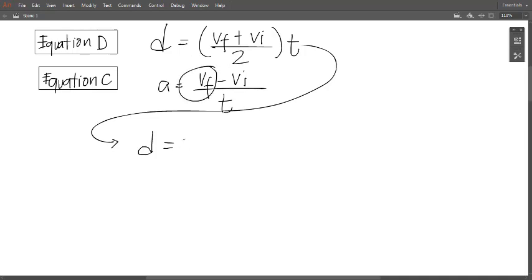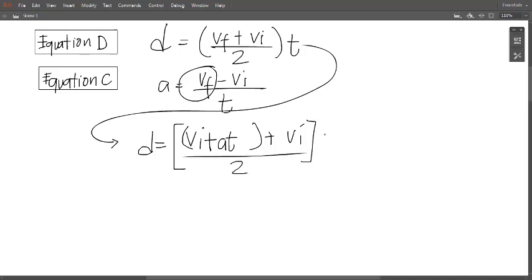So we'll be replacing it with the initial velocity plus the product of acceleration and time, plus the initial velocity over 2 multiplied to time.